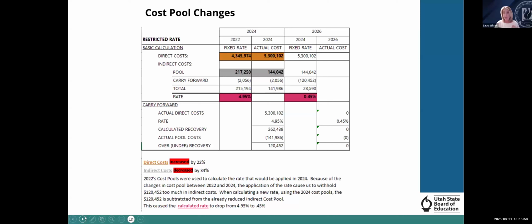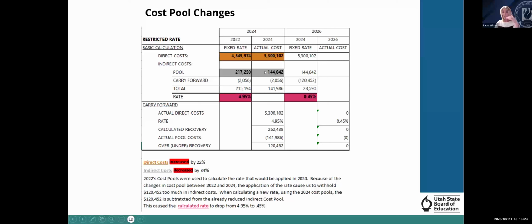So this is an example of how a cost pool change can affect your rate. And this is data from an actual LEA that I pulled out of UPEFs. You can see that between 2022 and 2024, there's a large increase in their direct cost pool. And then their indirect cost pool, which is here in gray, is a substantial decline.